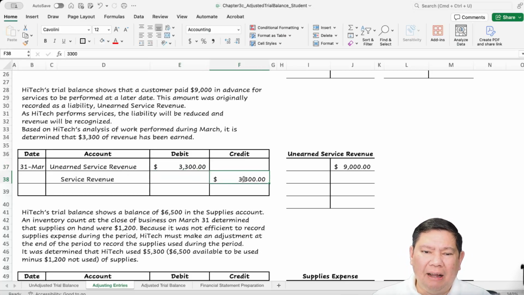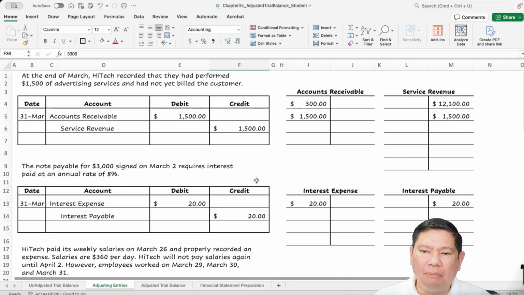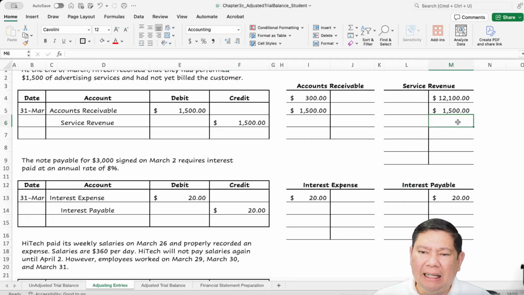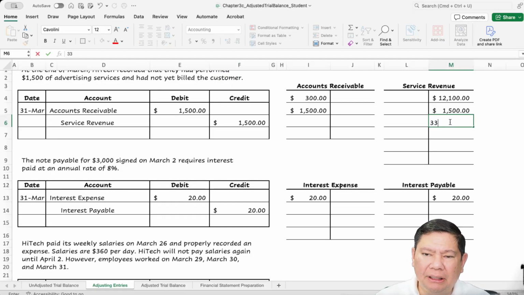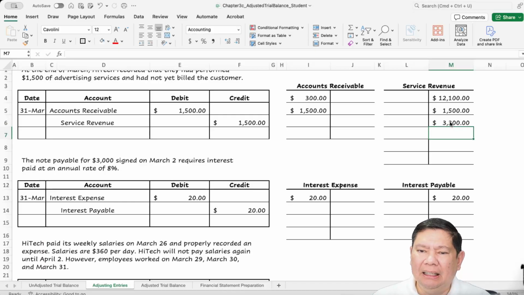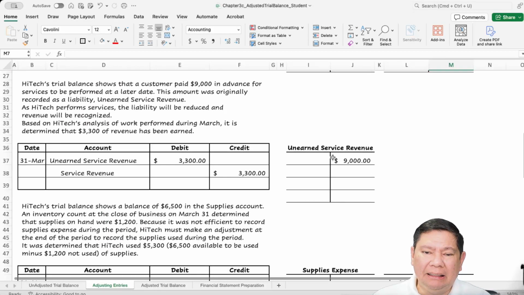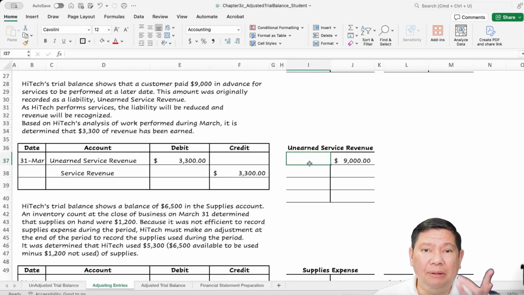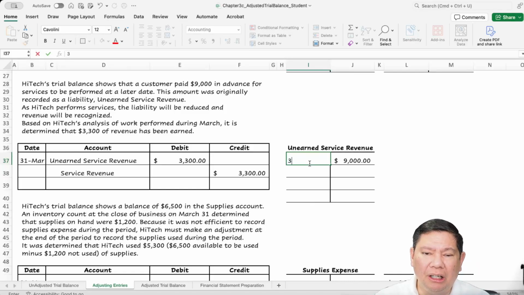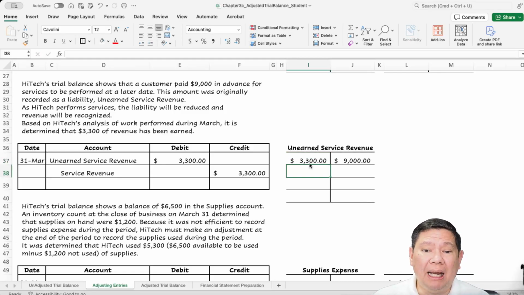Okay, so this revenue will go up way here. That's the revenue, 3,300. It goes up. And then the unearned service revenue, because it goes down, it's a liability. When it goes down, we put it on the opposite side of its normal balance. So we put it on debit.